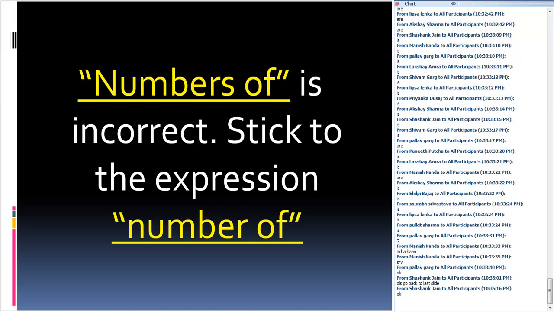But अब यहाँ पे problem ये है कि GMAT does not follow British English. Okay, GMAT को कोई मतलब नहीं है British English से. That is why GMAT में numbers of अगर आएगा, you cannot eliminate it. GMAT considers numbers of to be correct.